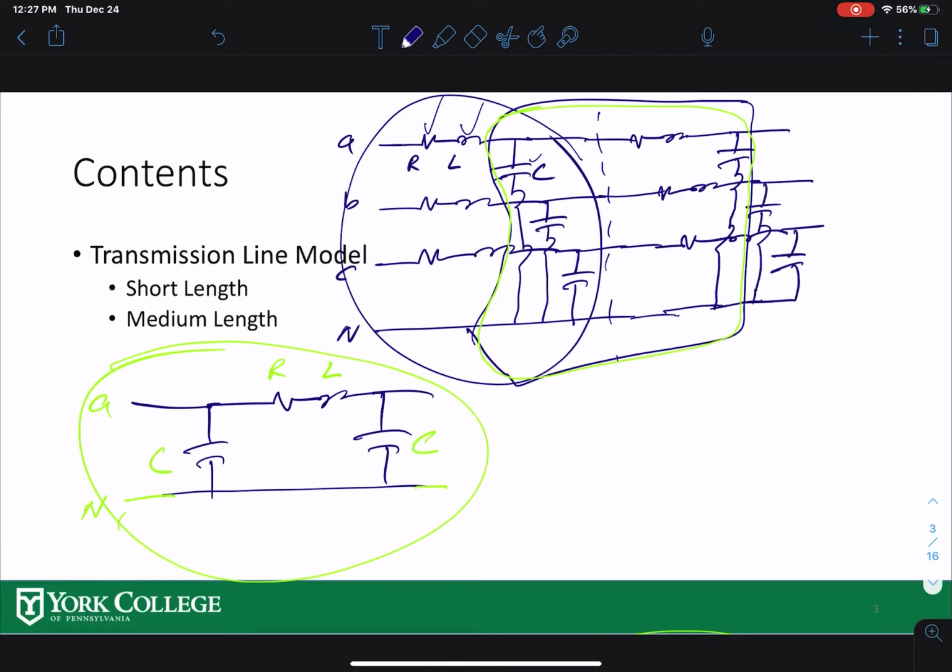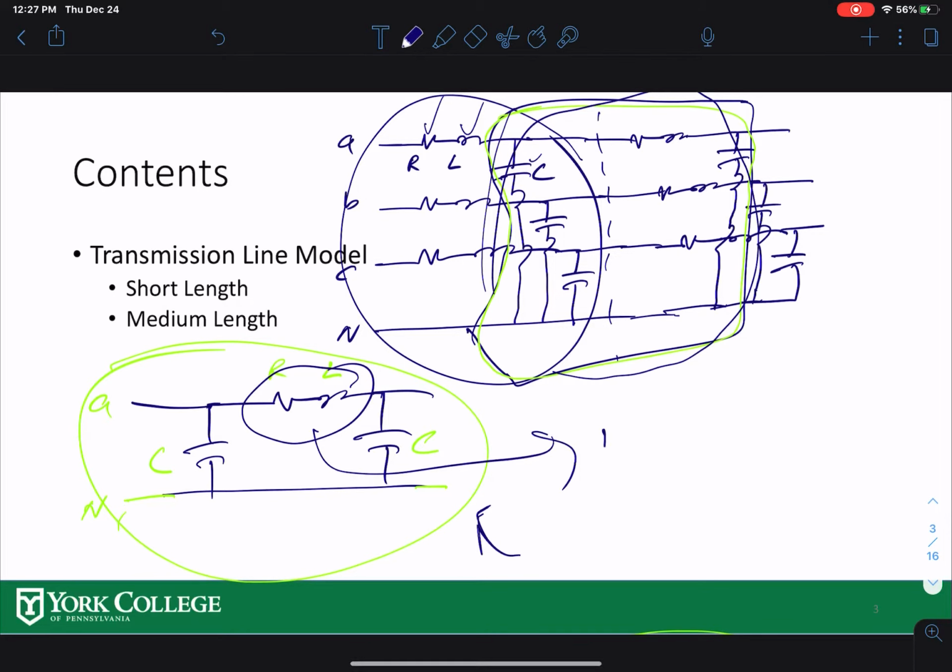So if I take this section right here and bring it down here, that's the transmission line model. We call this lumped parameter model because you're lumping these parameters together.